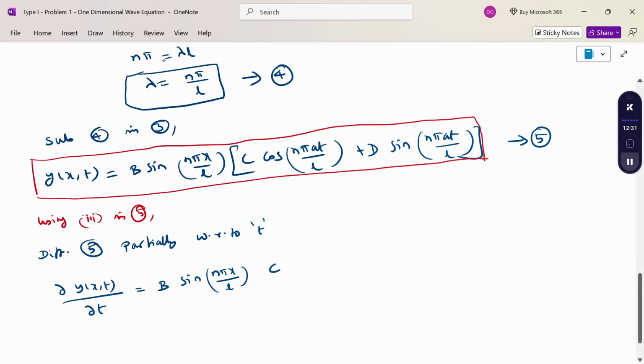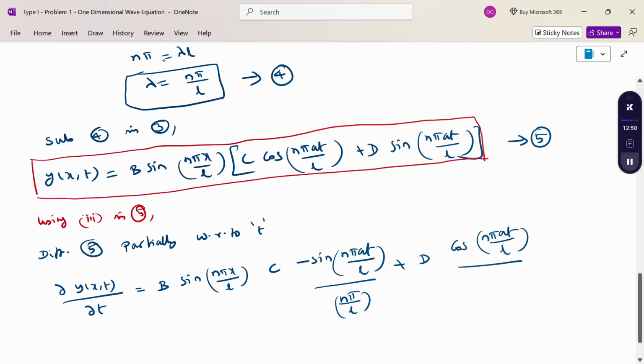When differentiating, it's minus sine n pi at by L times n pi a by L. Then plus d into sine function. When differentiating, it's cos n pi at by L times n pi a by L. Now this is the form.